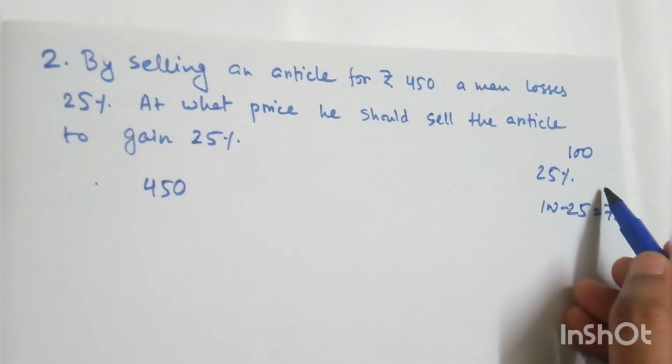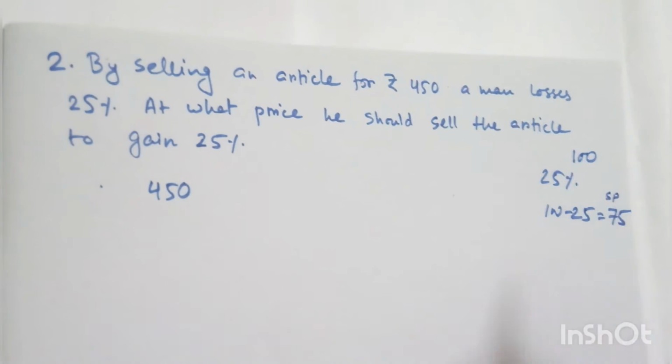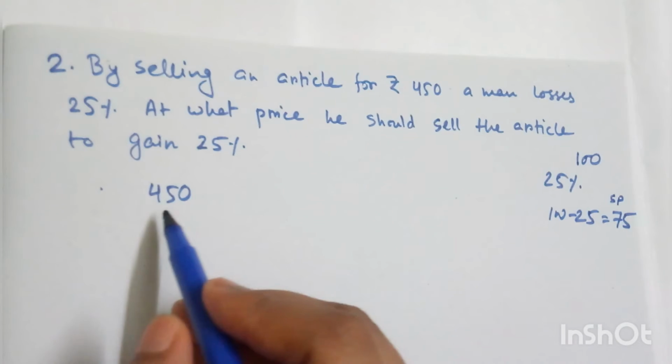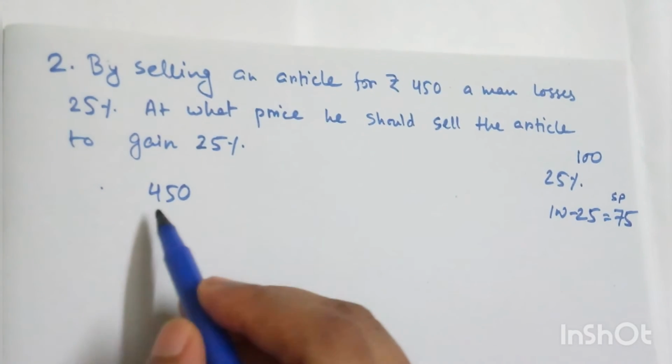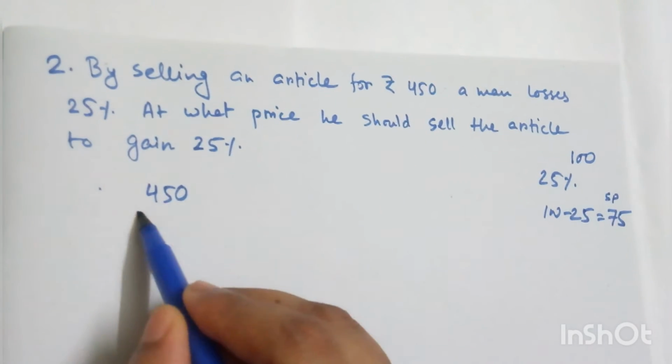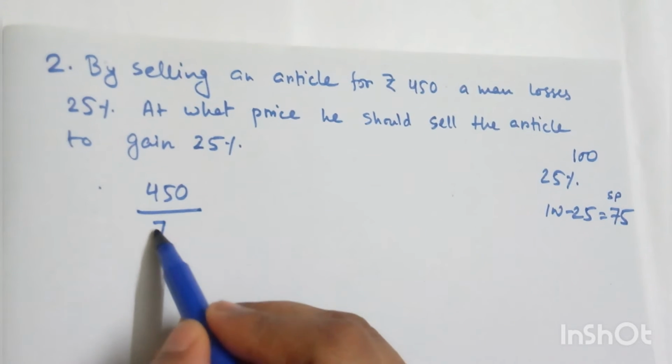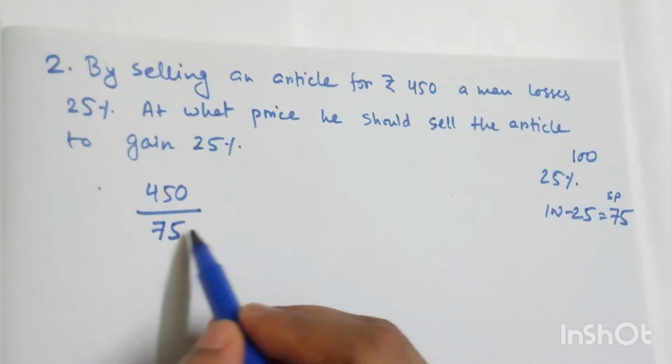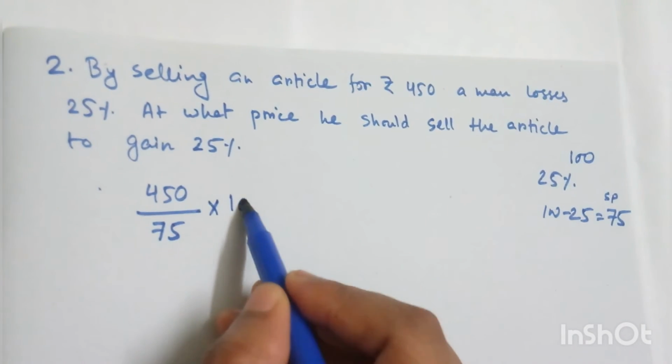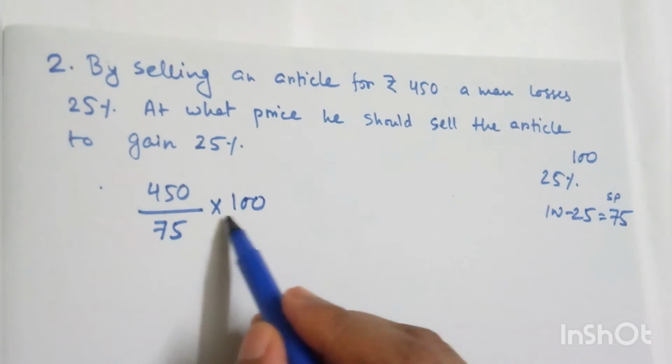So this is the selling price. So the cost price will be 450 by 75%. That means 100 will be in the numerator.